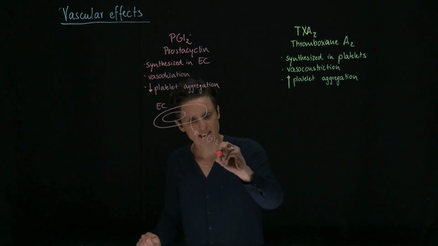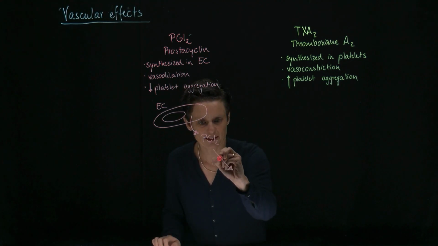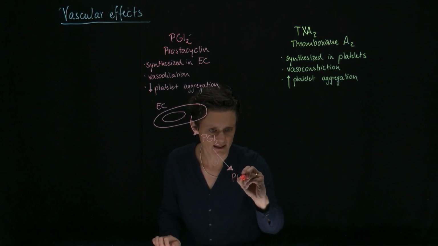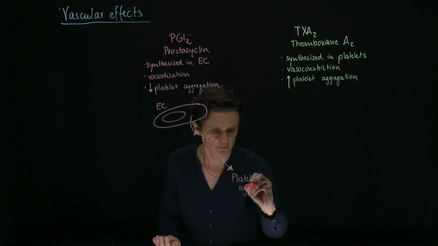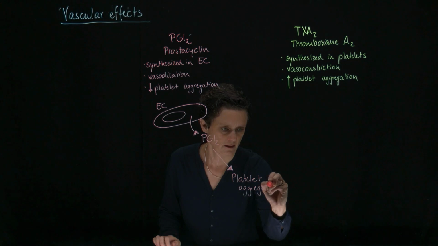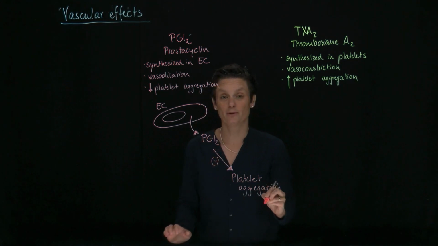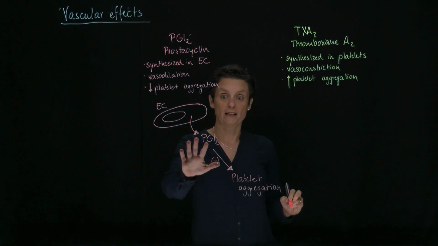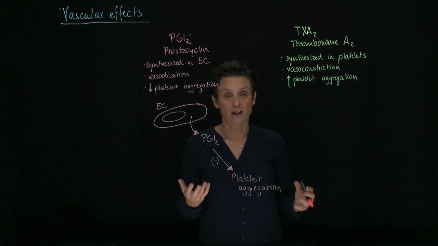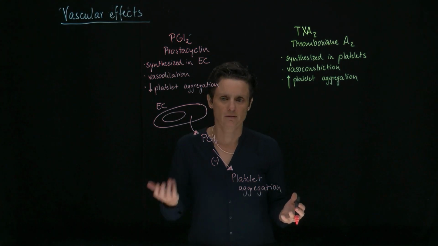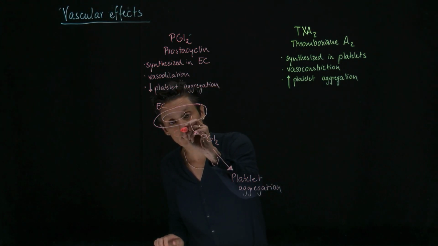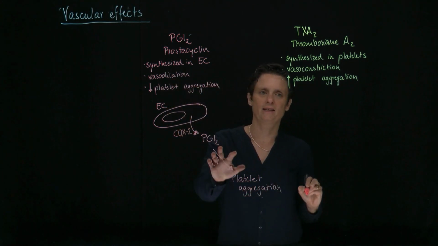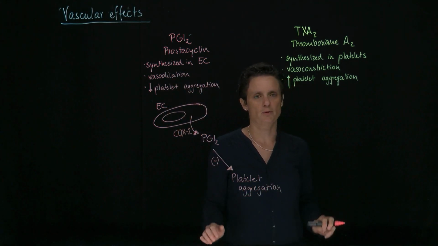And the prostacyclin inhibits platelet aggregation. And I also want to point out that we know already that the prostacyclin needs COX enzymes in order to make it. We discussed the synthesis, and it turns out that the endothelial cell is mainly equipped with COX-2, and that's what we need to make the prostacyclin.